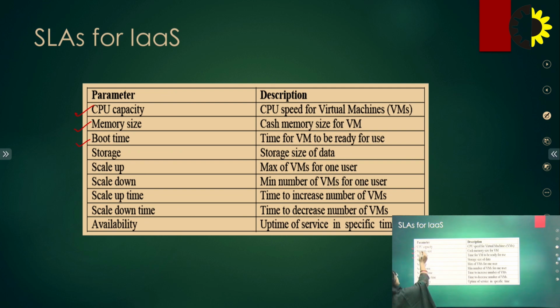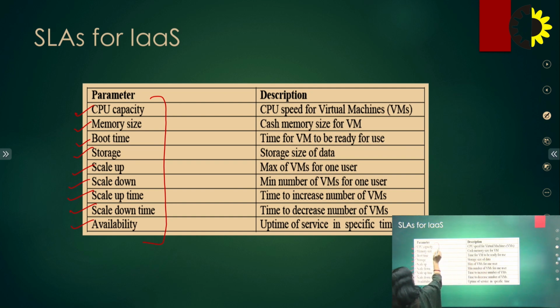These are the different parameters: storage, scale up, scale down, scale up time, scale down time, and availability. And this is the description of these parameters. All these parameters have numerical values when infrastructure as a service is used.